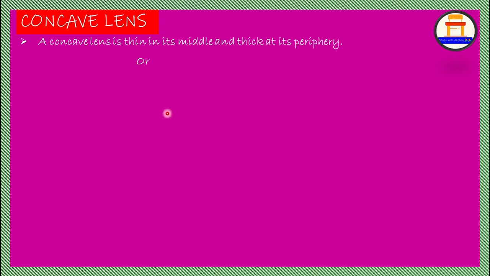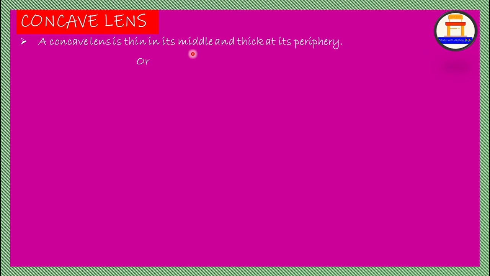Concave lens. In the kinds of lens slide, we saw that concave is a diverging lens. Why is it called diverging? Let's see as the video proceeds. A concave lens is thin in its middle and thick at its periphery, meaning at its edges it is thick and at its middle it is thin.